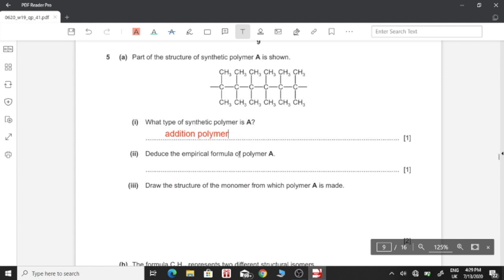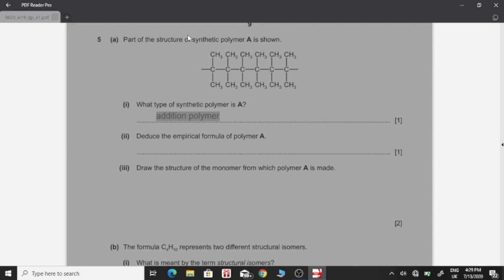D. Deduce the empirical formula of A. Okay, so I want to underline the polymer in here first. In each polymer we are supposed to have at least one double bond between two carbon atoms in the backbone chain, which is this one, I suppose.